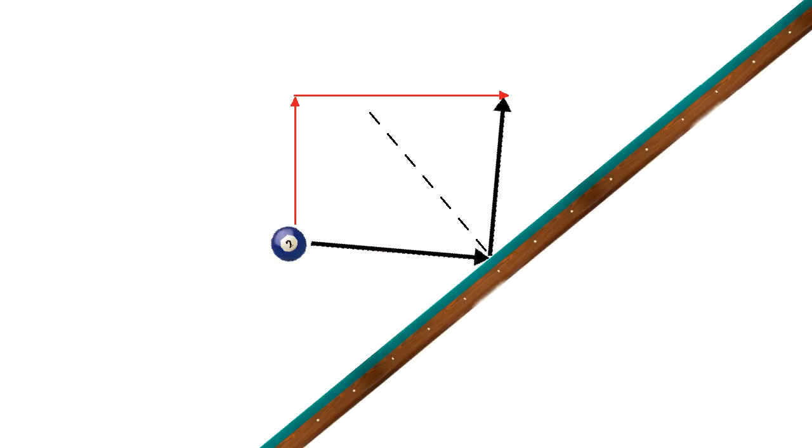Now, if we were to do exactly this same problem, however, with a wall that was not parallel to one of our Cartesian axes, then we will still approach the problem the same way. Sure, there will be a little bit more work involved, but ultimately we will still arrive at the same results and conclusions, particularly that the angle of reflection is equal to the angle of approach. So for these particular vector collision problems, at the point of impact we could draw a new axis perpendicular to the wall.